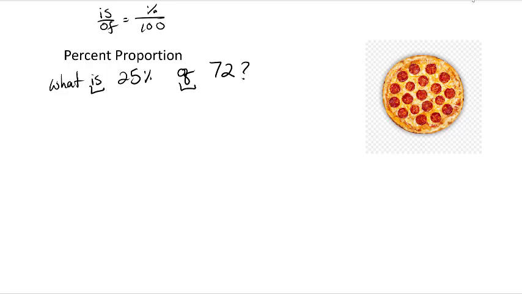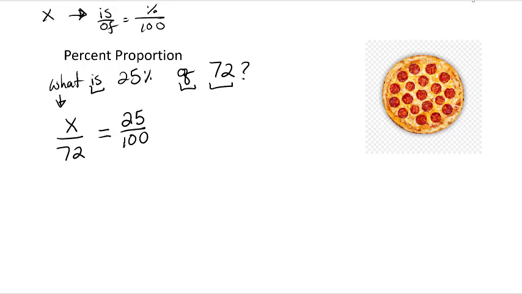We are asking what is, so what we're missing is the is. Our is here is our variable x. So in our formula we have x instead of the is. The of is 72, and that equals the percentage in number, which is just 25, divided by 100.